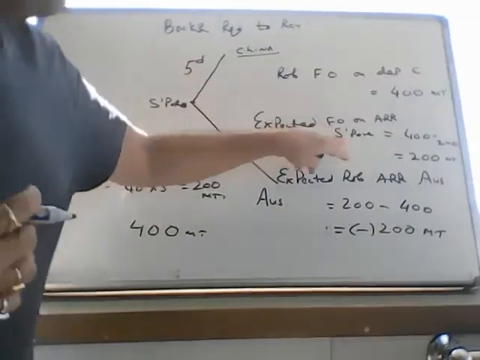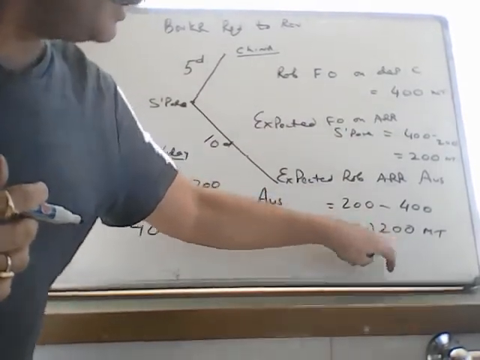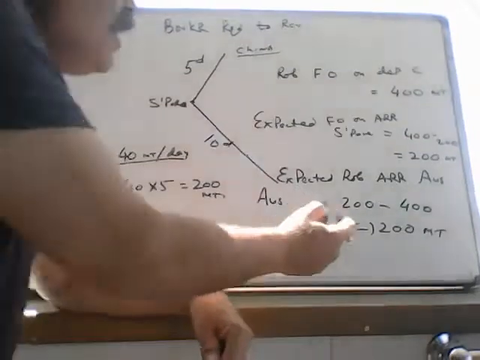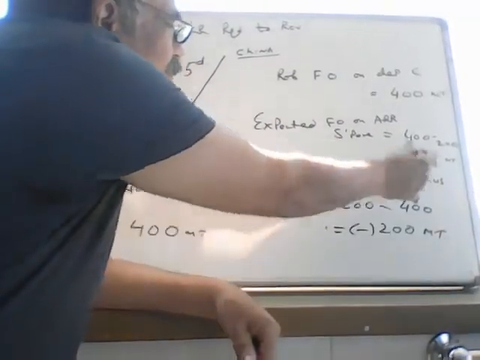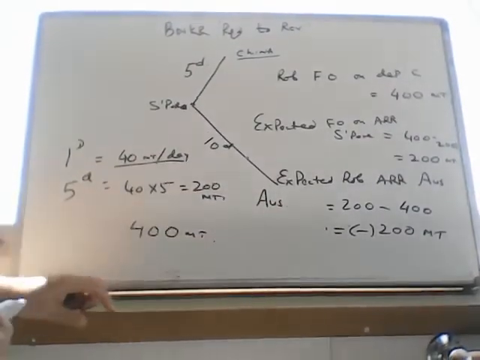So that means if you do not receive bunkers at Singapore, you will be arriving Australia with negative. This is only for calculations. Negative means you cannot reach. So after few days after sailing from Singapore, bunkers will finish.